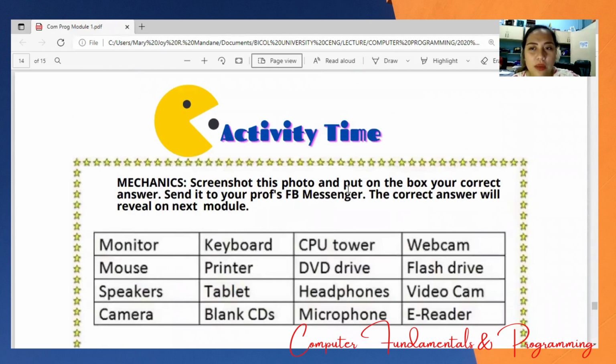Say in the comment section that the activity time answer will be submitted to Google Classroom. Your name, your block, and comment there that the activity time will be sent to our Google Classroom.